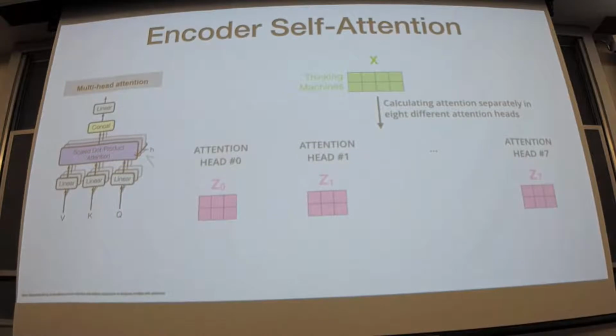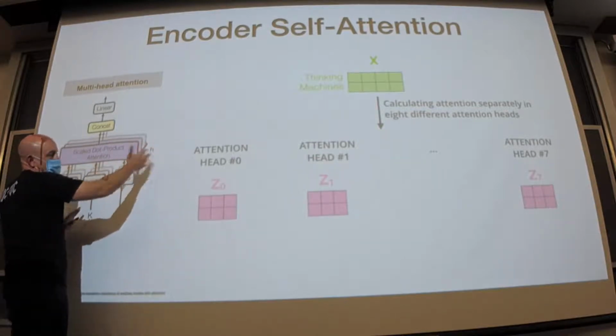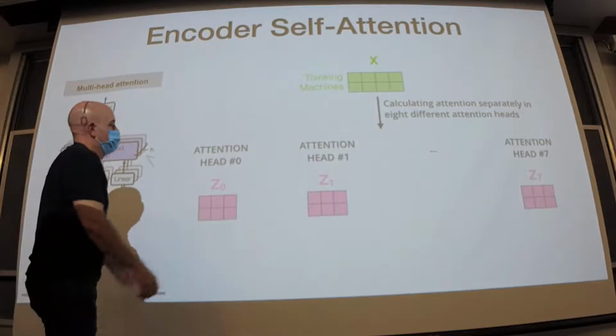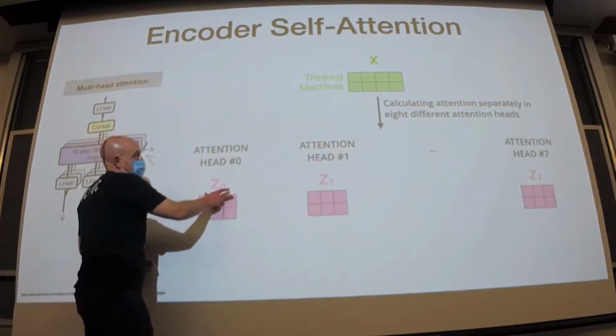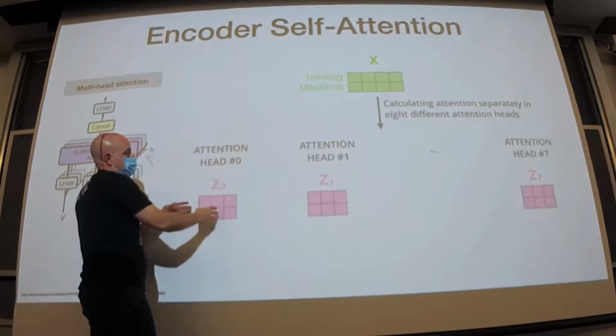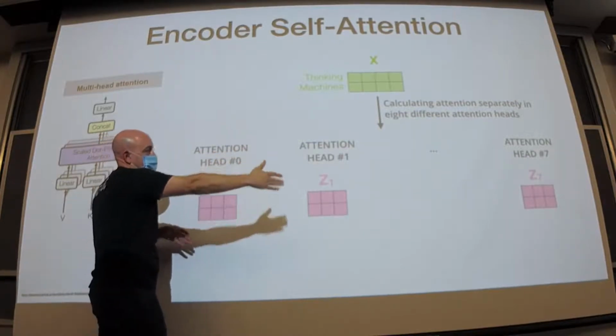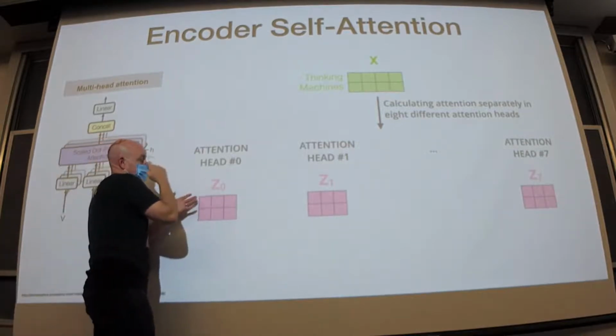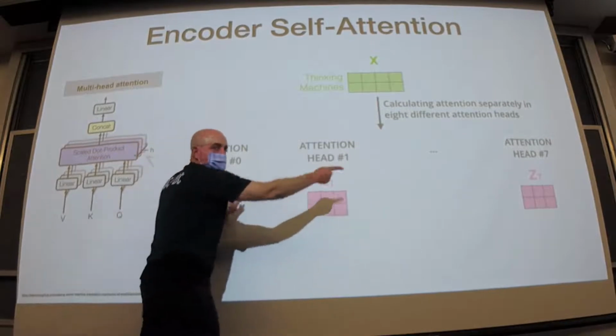Okay, like we were saying, h might be 4, it might be 8. It's a hyperparameter. Here, there's 8. So we're going to get some transformation of our input x for each of the different heads. The difference is that we've learned a different WV, WQ, and WK for each one of these heads.